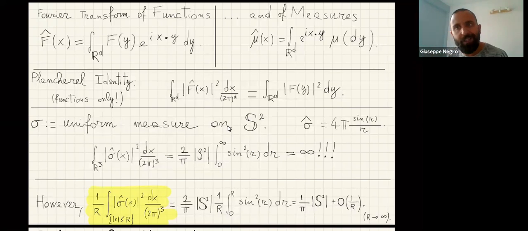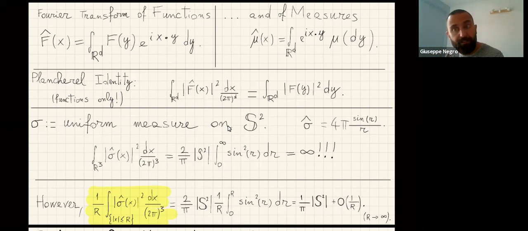But this subject is interesting because it allows two interpretations, as is often the case with the Fourier transform. So let me start by giving just one slide of introduction to the result of Agmon-Hörmander.